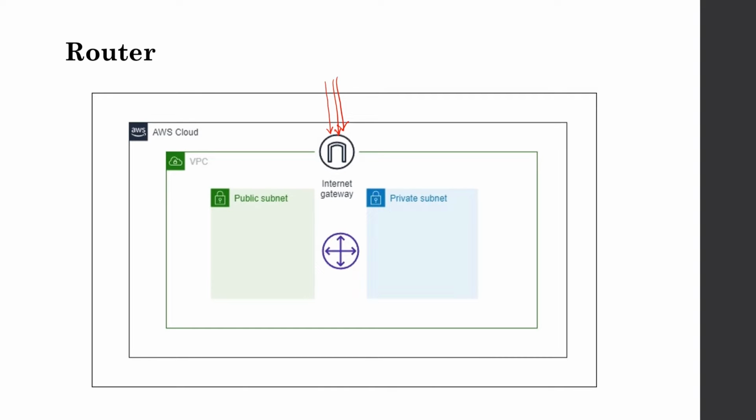Now this internet gateway also provided the access. Now it's entering our VPC, but it doesn't know where to go. It's coming here, but it doesn't know which application I have to route this traffic to. So in order to provide that particular direction to the network traffic, we create a router, and this router then allows the network traffic to go in the right direction.